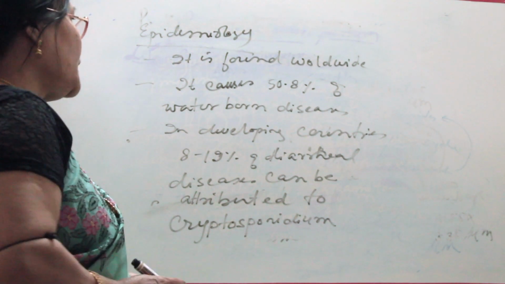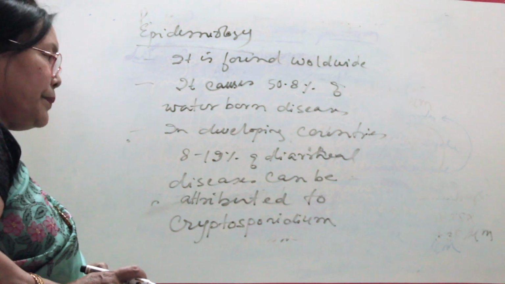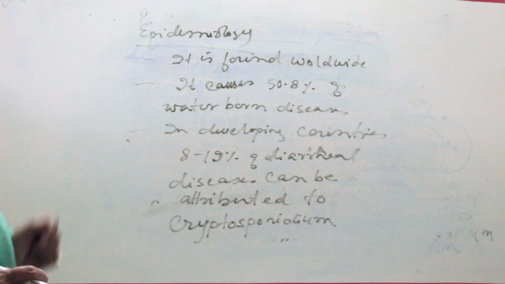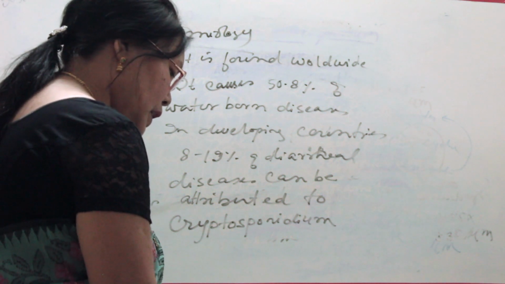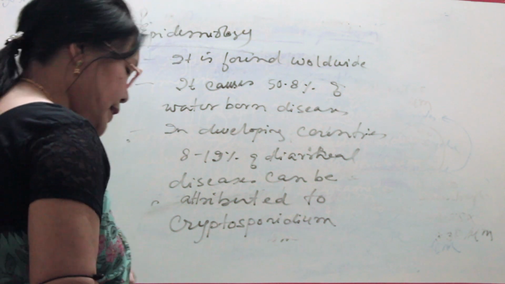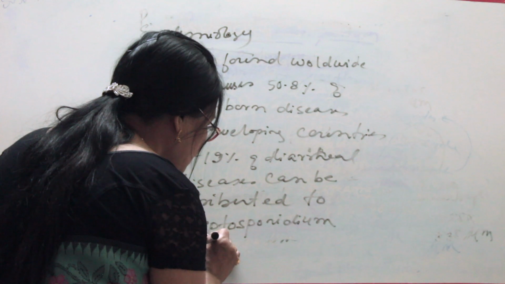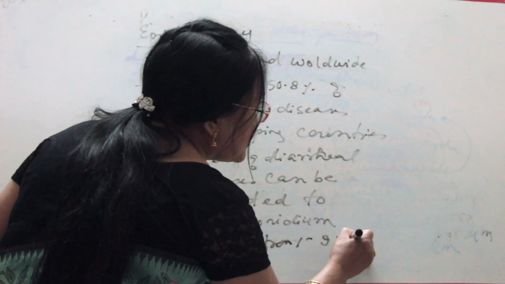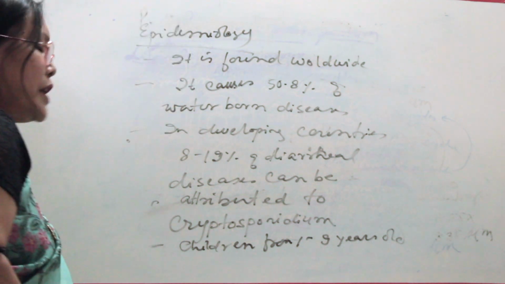I repeat again, it causes 50.8% of waterborne diseases, and in developing countries 8 to 19% of diarrheal disease can be attributed to Cryptosporidium. And the most affected age group are children from 1 to 9 years old. These are about the epidemiology.